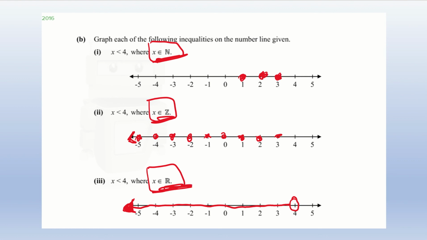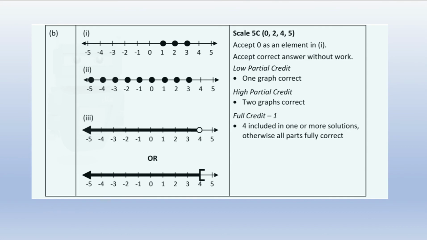Do you know, in this case here, how to represent that with an empty dot? And how good you are at working with your number line. There's the marking scheme. There was 5 marks going for that. And that's exactly what we have in our question here.